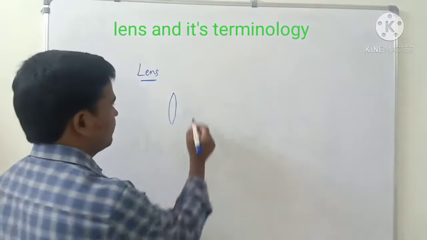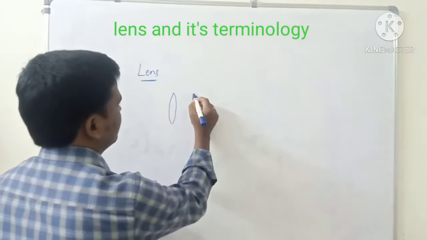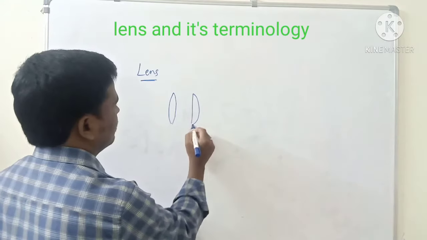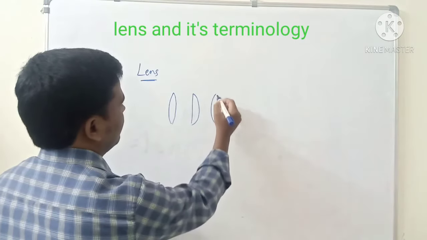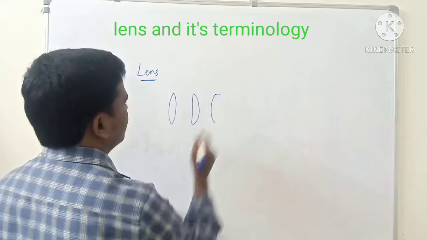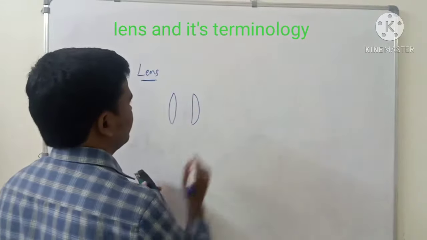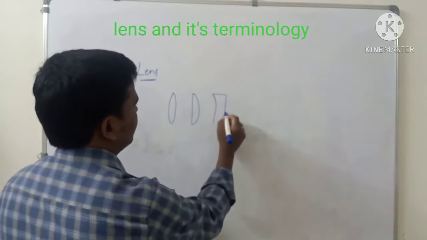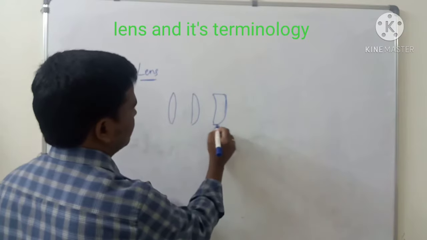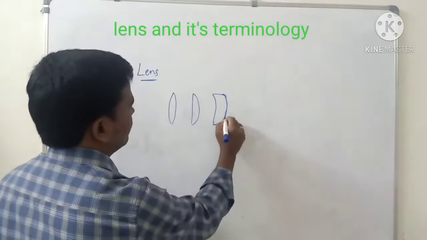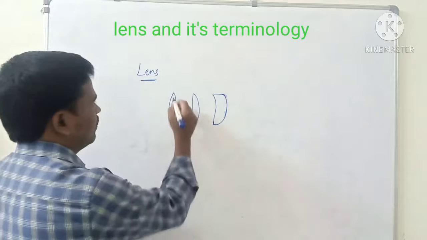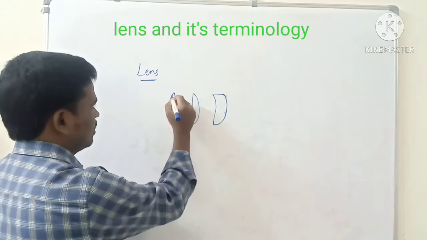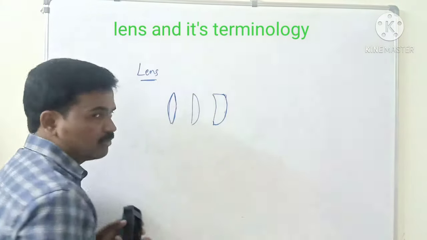This is one, and this is one, like this. So this is bulged outside on two sides.